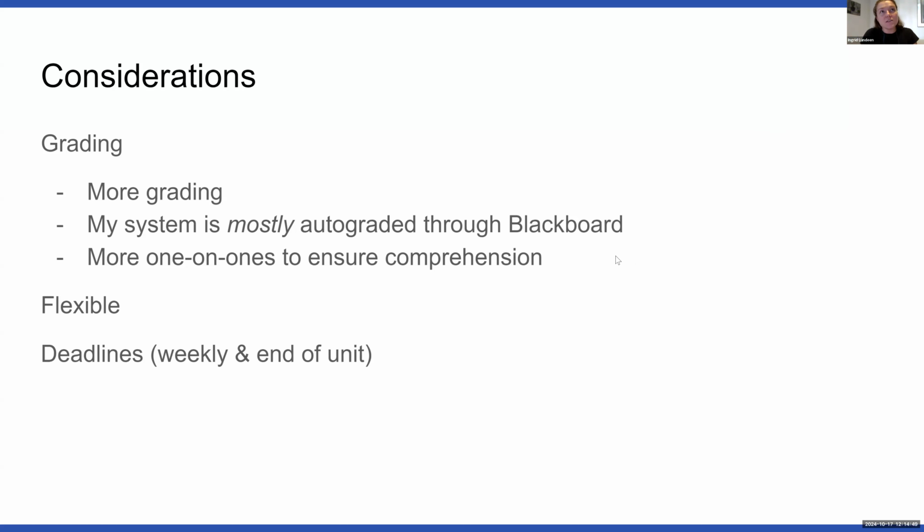And there is a lot of grading associated with it, but a lot of it is automatically graded through Blackboard. And I did that very intentionally because I knew that I was going to be a lot. And I would say that the biggest kind of challenge with this system is making sure students understand how it works, because they're so used to traditional grading systems that hearing, hey, you get to decide how to allocate your time.